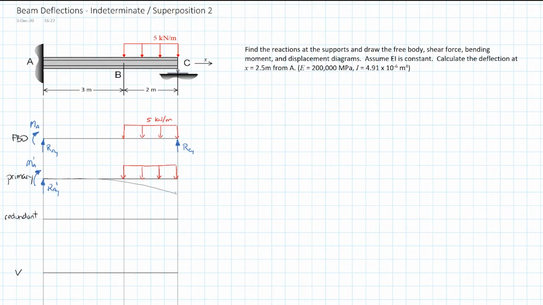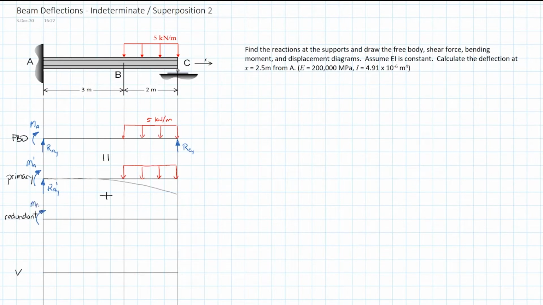Now, using superposition, what it says is that the final system, the original system, has to be equal to the sum of our primary system and our redundant system. So what I need to do now is go down here and add our reactions again.